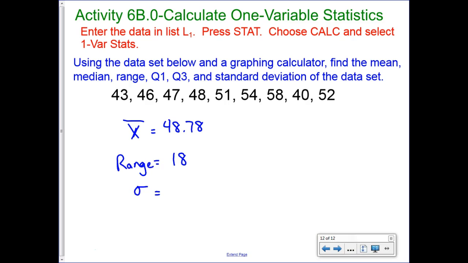Sigma, standard deviation, is 5.27. Q1, your median, and Q3. So median I get is 48, Q1 I get is 44.5, and Q3 I get is 53.